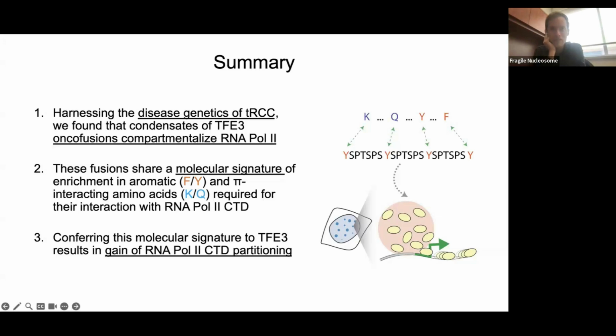Absolutely. And then another question: if you look at these IDRs that you've been studying from an evolutionary conservation point of view, I imagine they're not well conserved at any given residue, but do you see conservation of these properties? Absolutely, yeah.